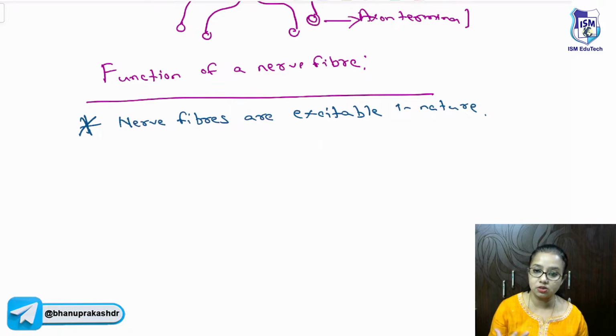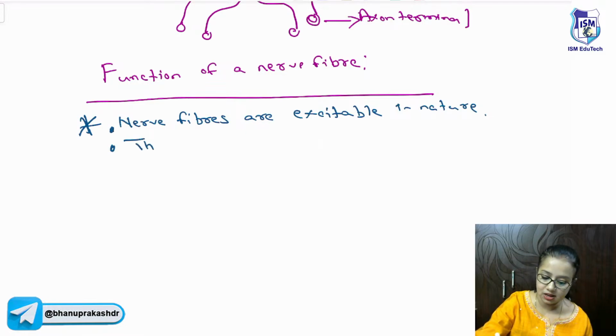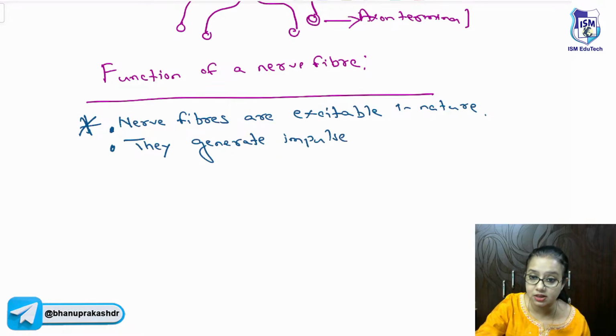They undergo depolarization. They get excited. Another thing is that they generate impulse. And when we talk about the impulse, we talk about the electric impulse that is generated due to certain changes in the ionic concentration inside and outside the cell.